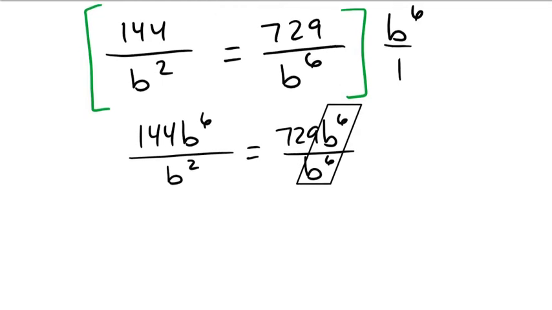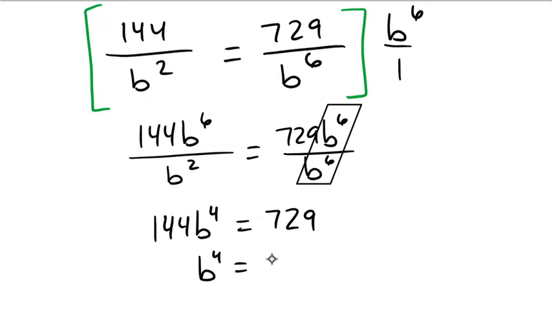And on the left-hand side I can simplify because I've got 6 factors of b in the numerator and 2 factors of b in the denominator. So this equation becomes 144 b to the 4th power equals 729. If I divide both sides by 144, I get that b to the 4th is 729 over 144.